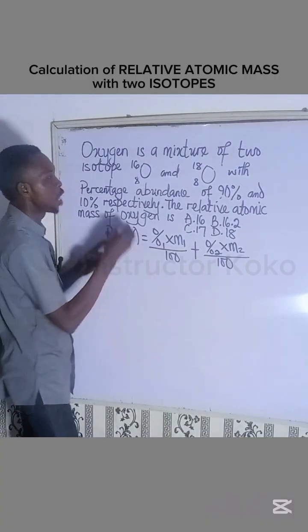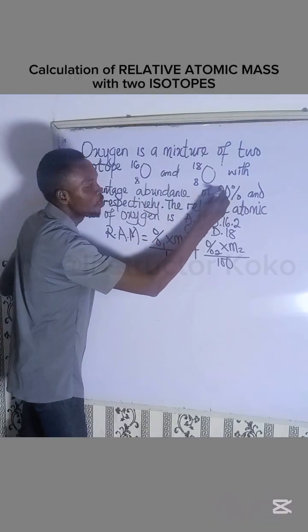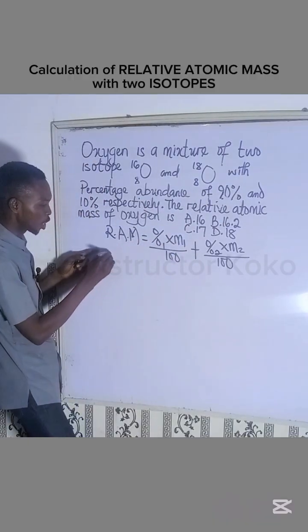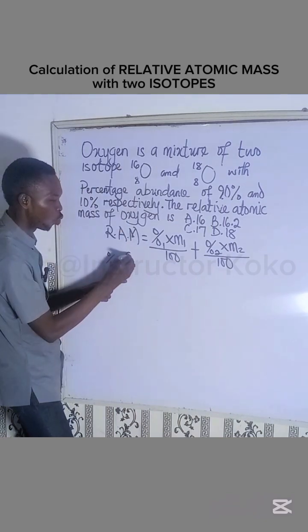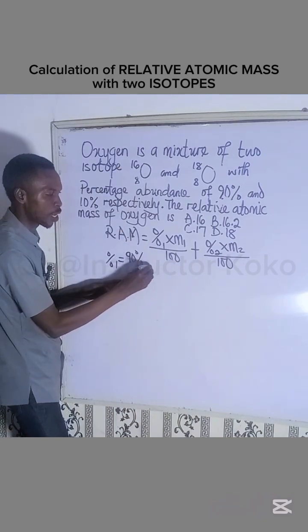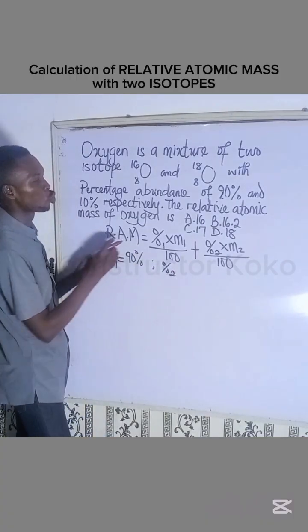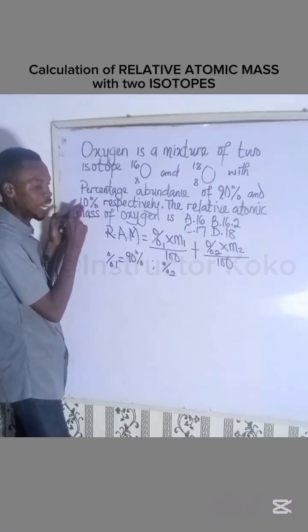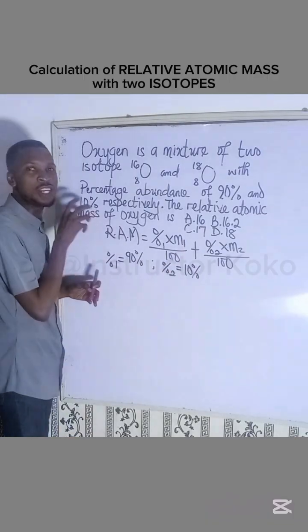If you look at the question, we said with percentage abundance of 90%. So for the first isotope, the percentage abundance is 90%. Then the second isotope's percentage abundance is 10%. It will be given in the question.